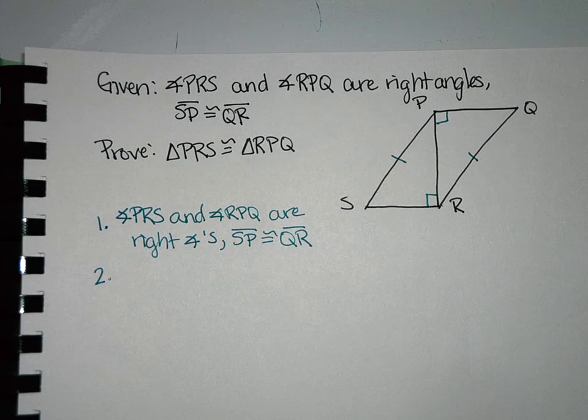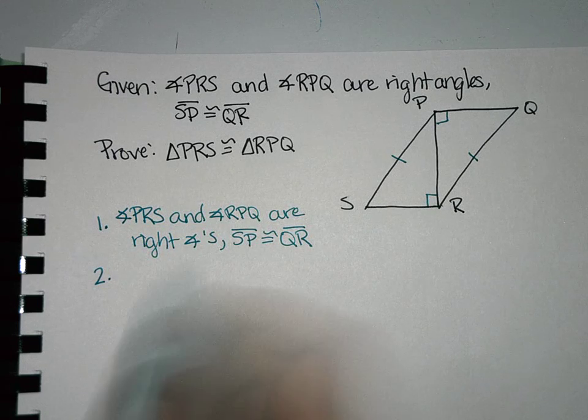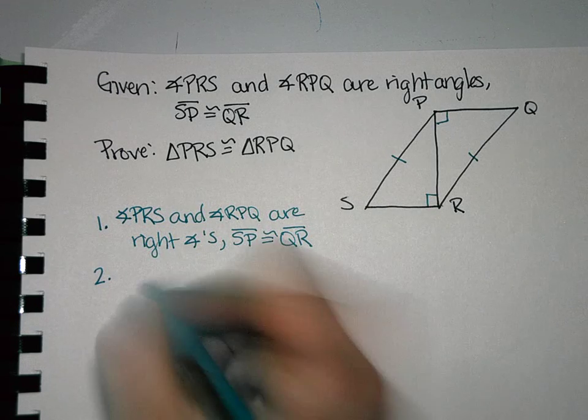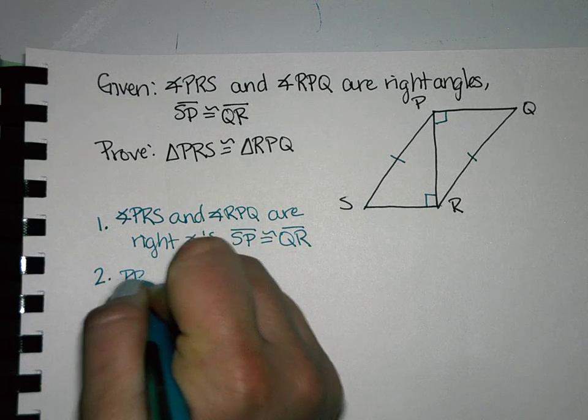So if we think about our questions for hypotenuse leg, do we have 90-degree angles? Yeah. Do we have a hypotenuse? Yeah, that's what SP and QR are. So now we just need a leg. So what leg can we say is congruent in these two triangles? Katie? Like PR is congruent to PR. Good.